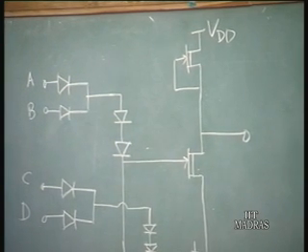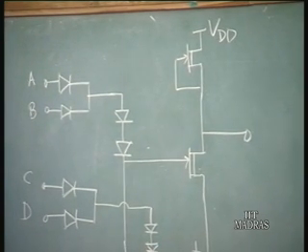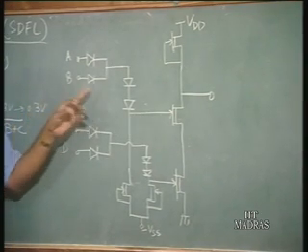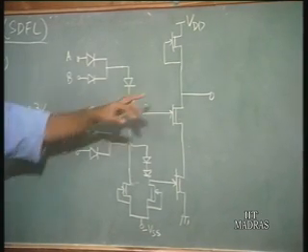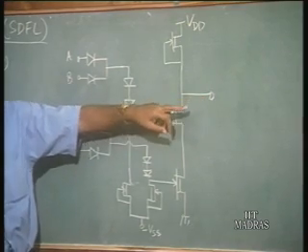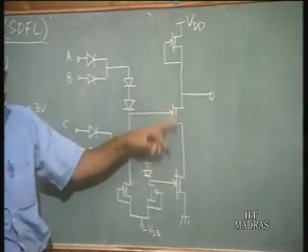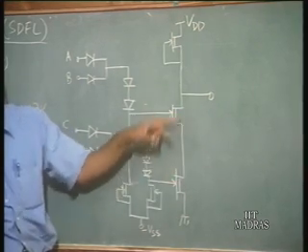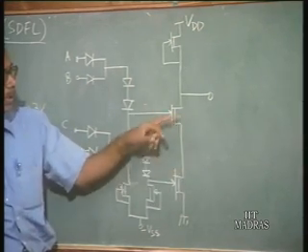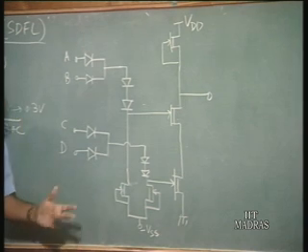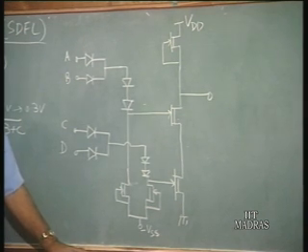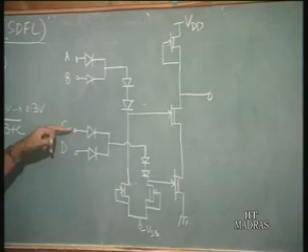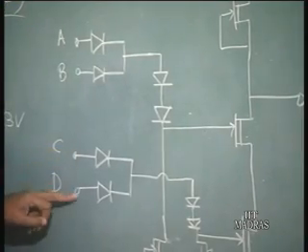Okay. So, if you look at this circuit now, the output is going to be low when both these driver transistors here turn on. And when are both these transistors going to turn on? When either A or B is high and C or D is high.